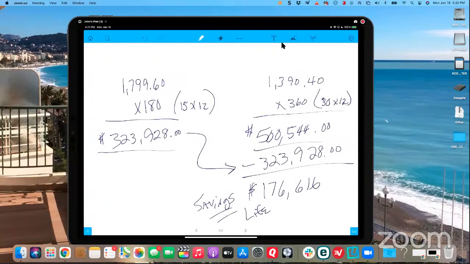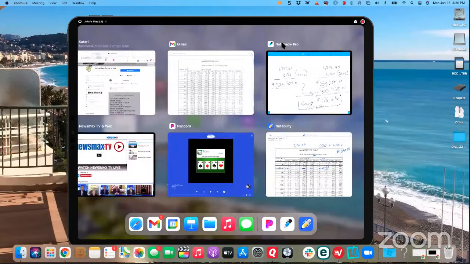And this would be your savings over the life of the loan right there, 176,616. Now, again, I'm going to double check. 500,544 minus 323,928 is 176,616. That question's been seen recently, or similar to that, on the exam. I just want you to know how to use this table.